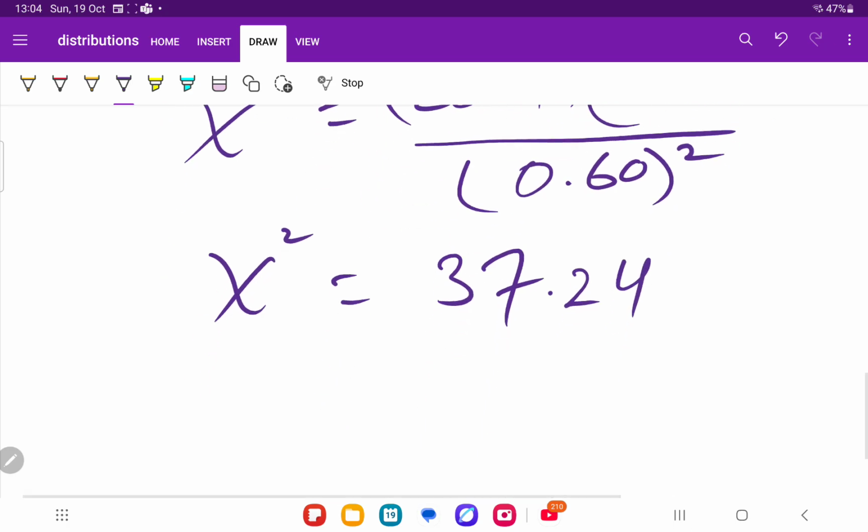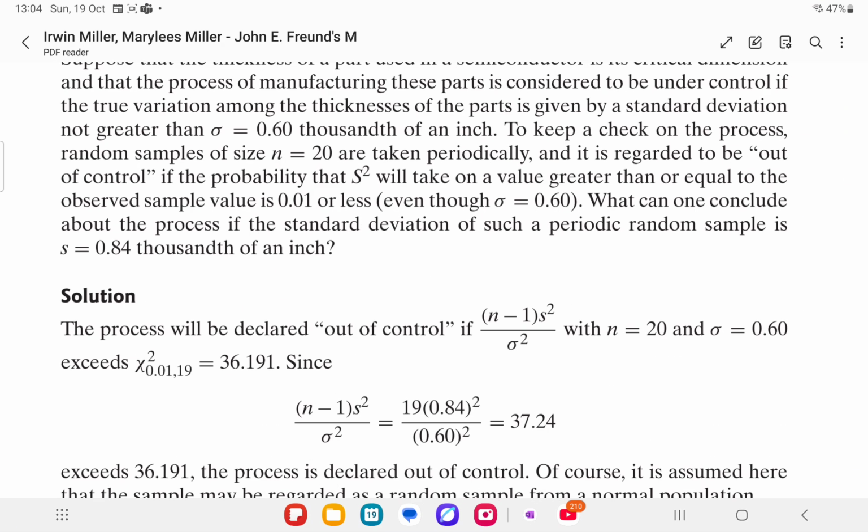So for chi-square, we could consider the tolerance level as 1%.